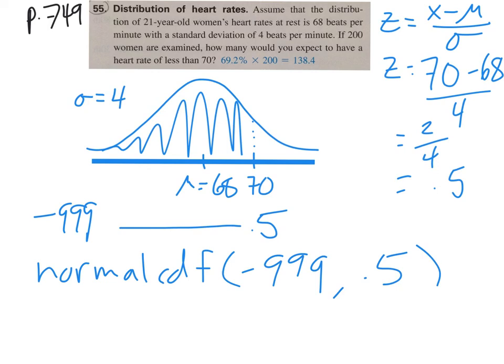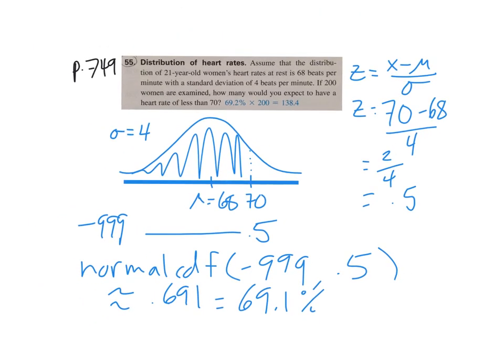And if we do this, you should get about 0.691. That's 69.1%. So 69.1% of the data will lie in this range that we're after.